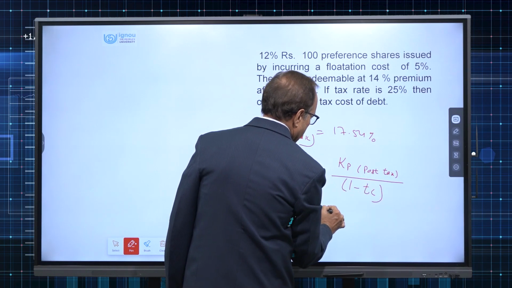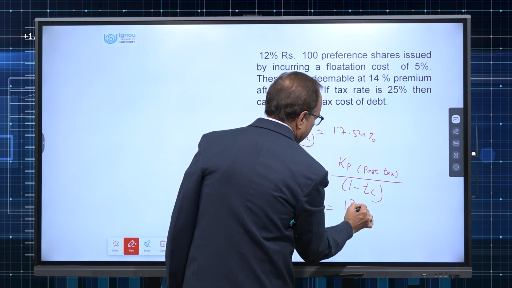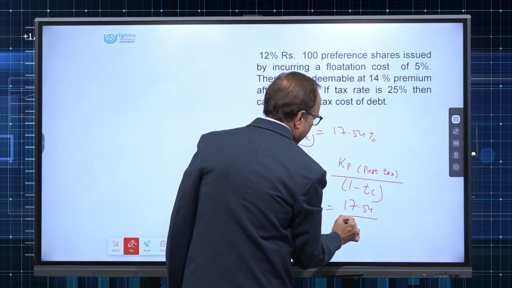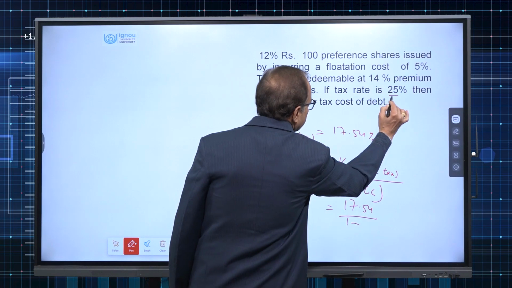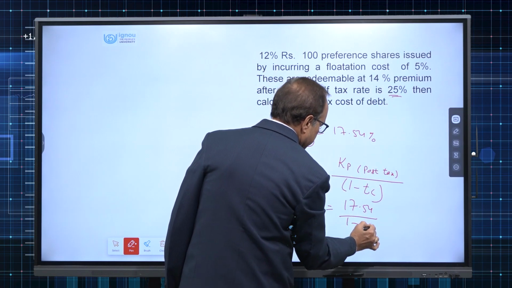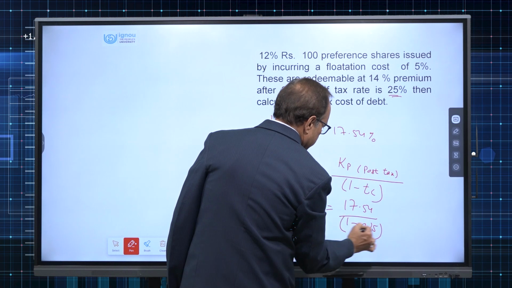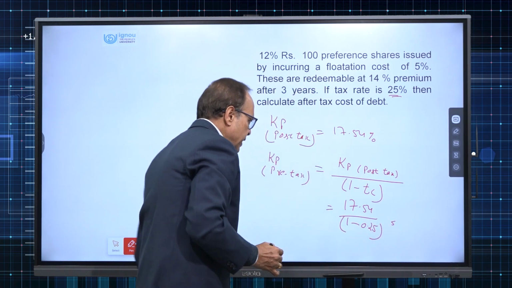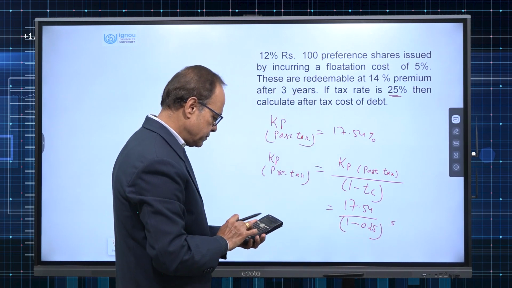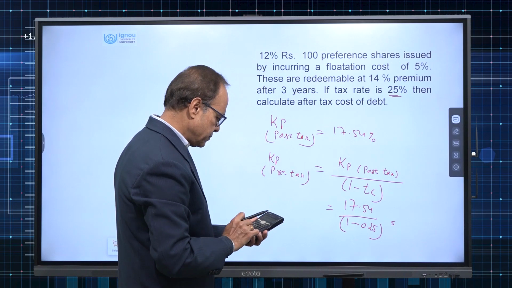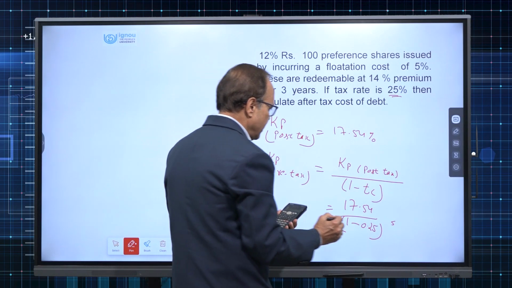So, what we have? 17.54 divided by 1 minus tax rate, which is 25%. So what we get? 23.39%.